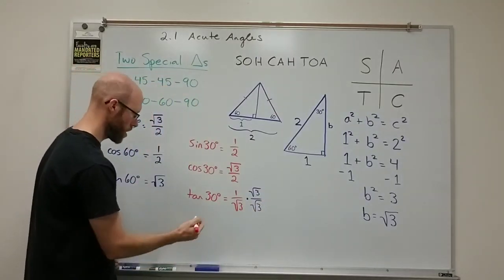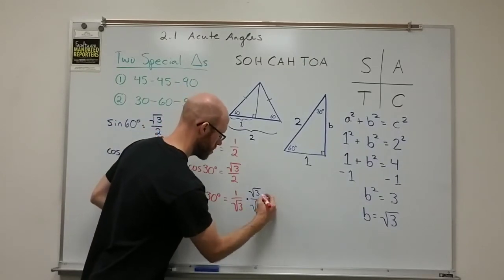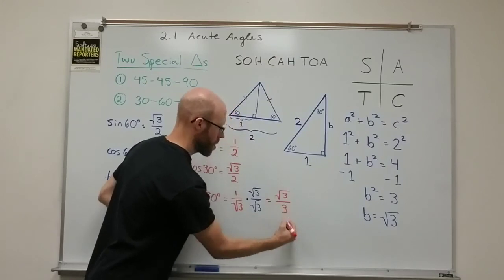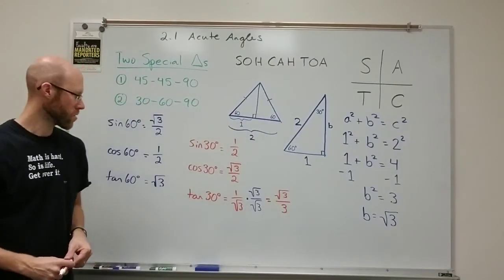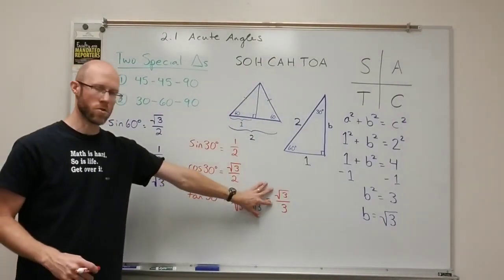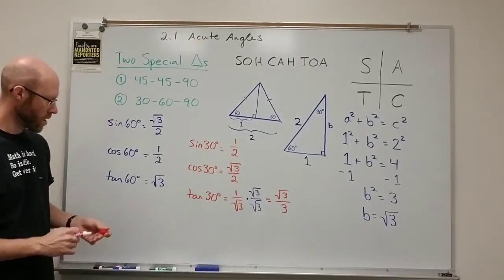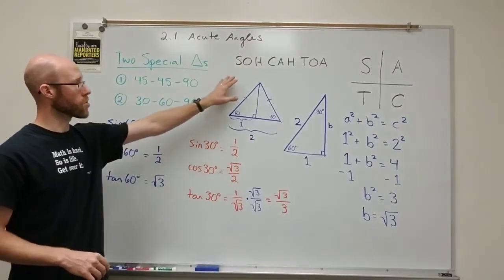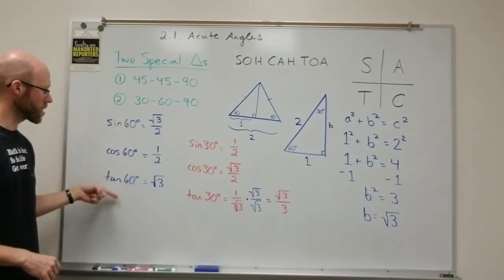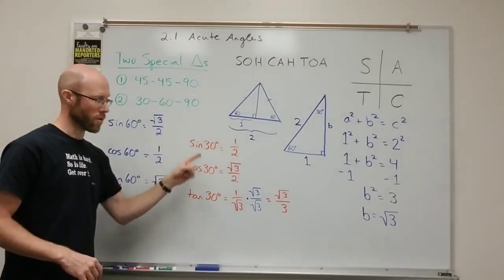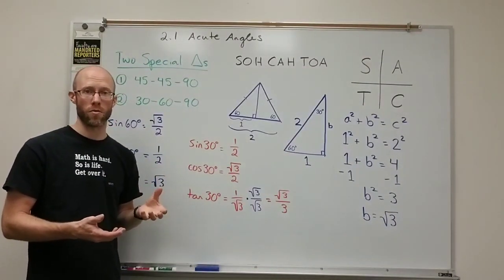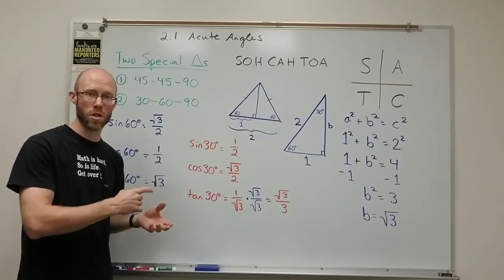And that will give me a tangent of √3/3. So the tangent of 30 degrees is √3/3. Okay, so that gives me the 3 main trig function values for 60-degree angles and for the 30-degree angles. And again, you could come up with the other 3 trig functions using the reciprocals of those.